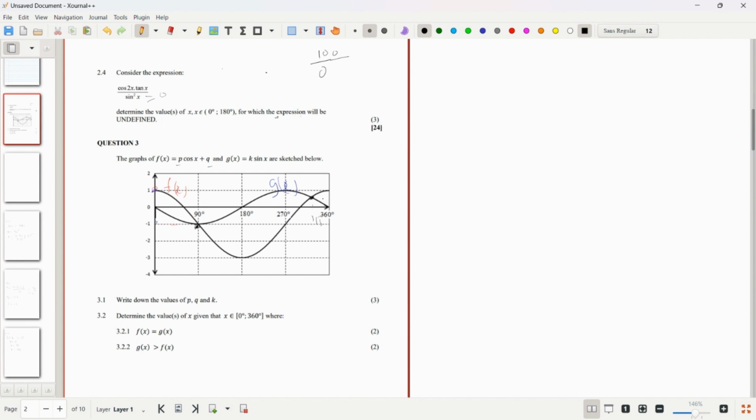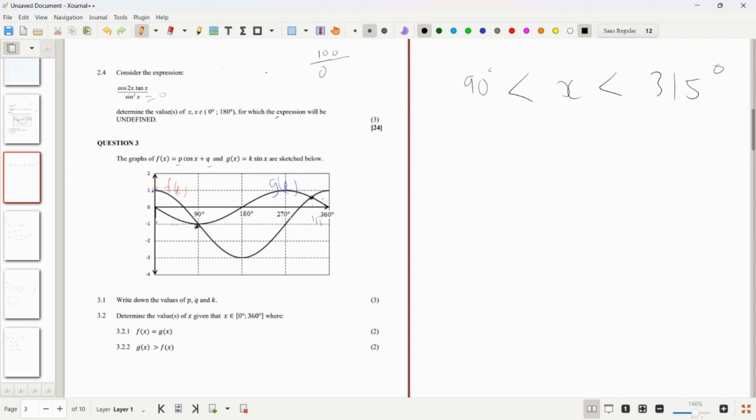So where is the interval? The interval is 90 degrees less than x less than 315 degrees, right? So we can see that 90 is not included and also 315 is not included. So it's this part here, because at 315 and 90 they are both equal.